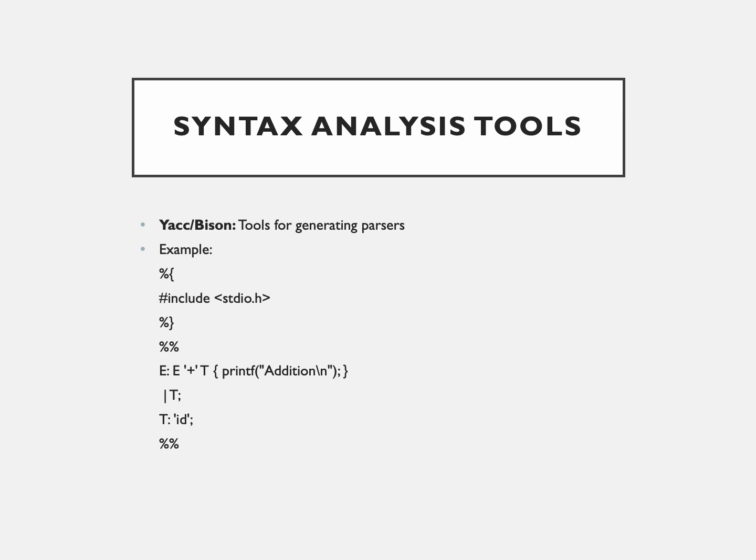They also allow developers to focus on high-level grammar design rather than low-level implementation. Tools like YACC and Bison are widely used in compiler construction and help bridge the gap between grammar definitions and practical parsing solutions.